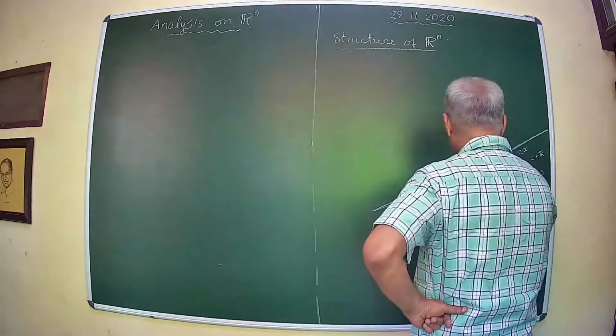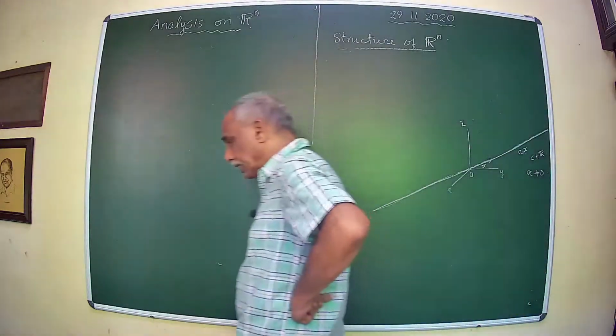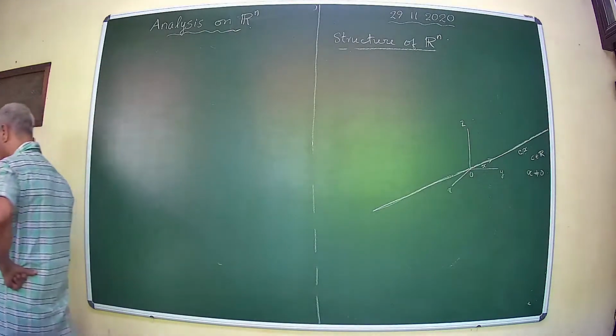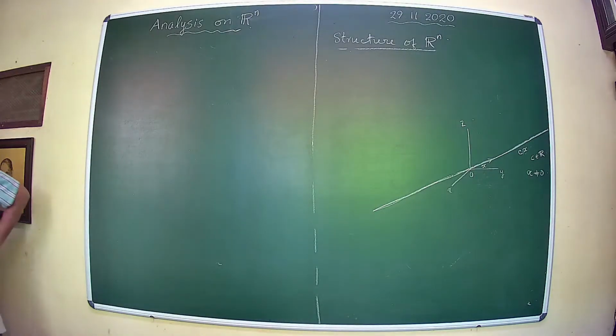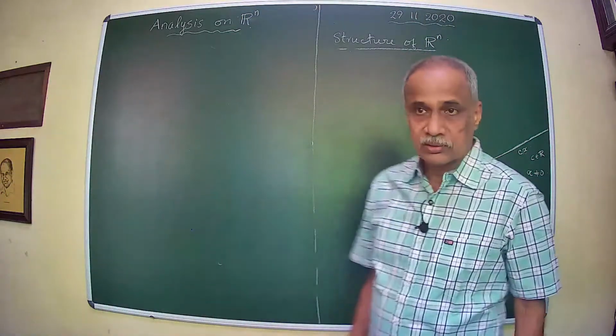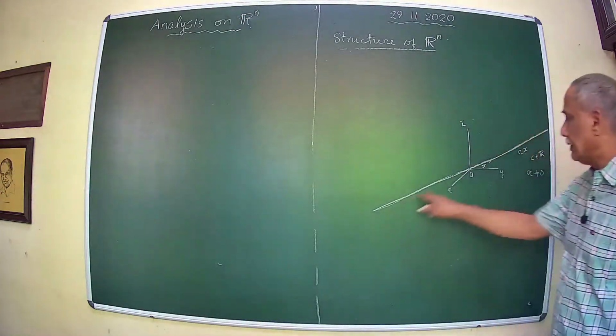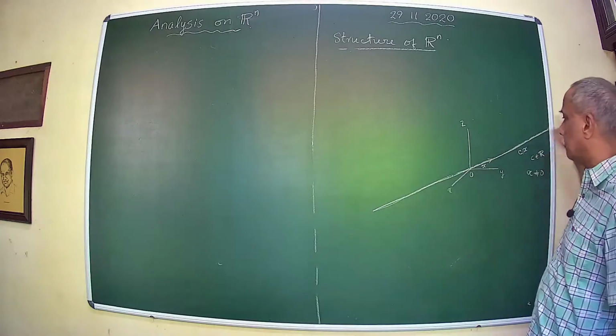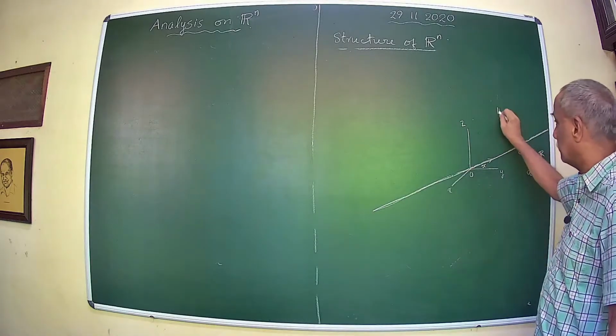Since x is a non-zero vector, there is a unique line along which the vector x lies. So, it covers a certain part of your R3.